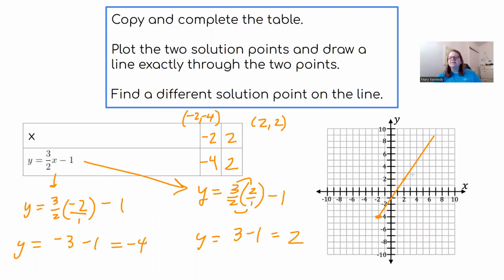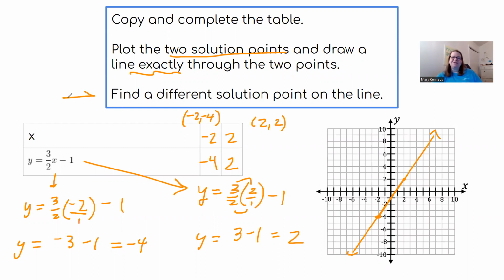The other side, see if I can do it here decently. It's fair. Okay. It's not perfect, just 2 points, but that gives us an idea for sure of where the line would be. So we've plotted our 2 solution points. We drew a line as close to exact as we could here.